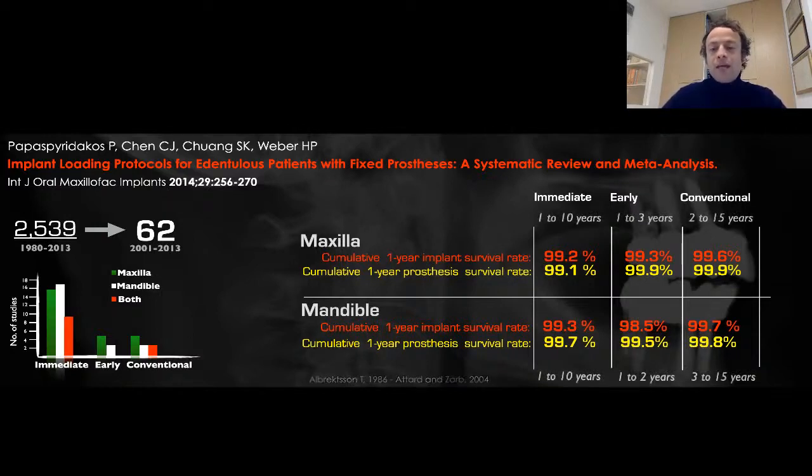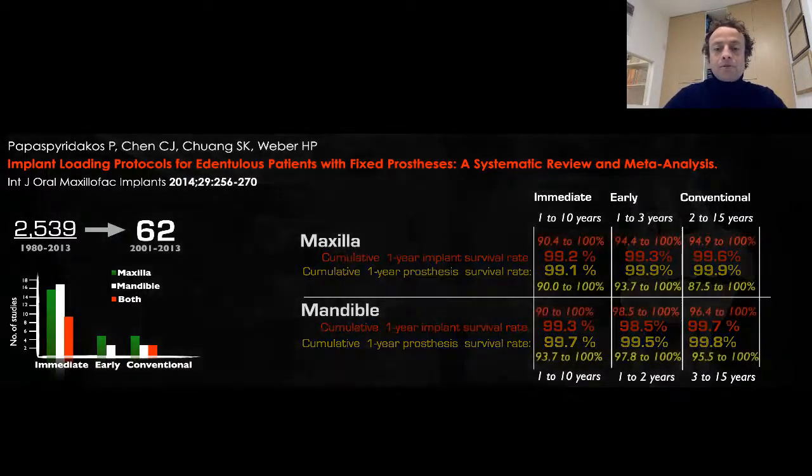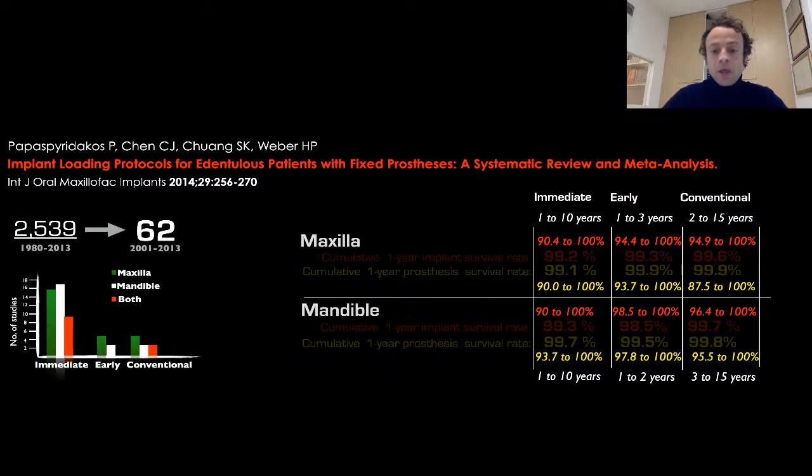So I think that today we have really good scientific evidence that describes how immediate loading in the treatment of the fully edentulous patient is something that is absolutely possible without any kind of complication.